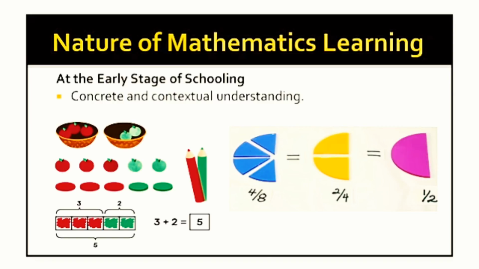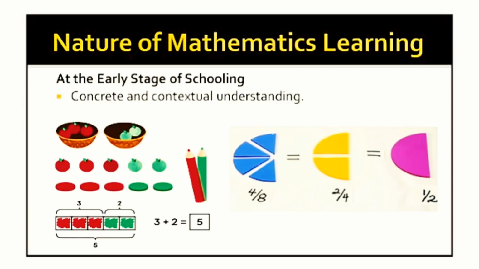You can give them the pieces, break into half, break again into halves, that is 2 quarters or 4 quarters of the entire whole, or even breaking further into pieces, thus giving them the concept that half is equal to 2 by 4 which is equal to 4 by 8. Thus the concept of fractions can be given to them by making them visualize or perform the activities related to mathematics. This contextual understanding will help them to master the basic conceptual framework.